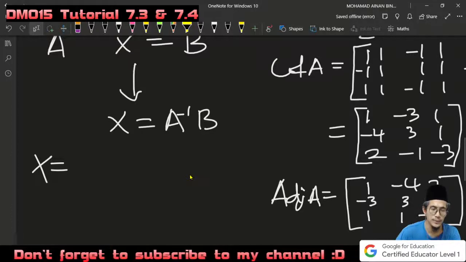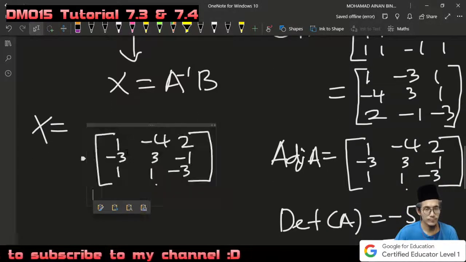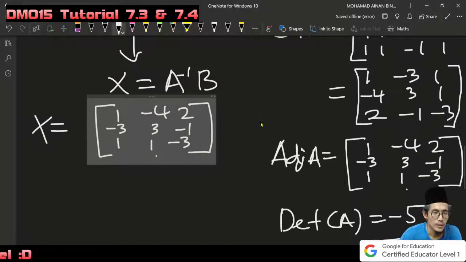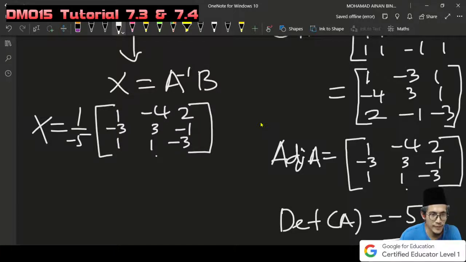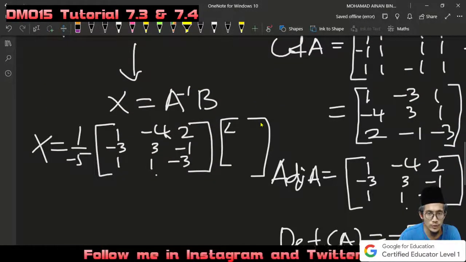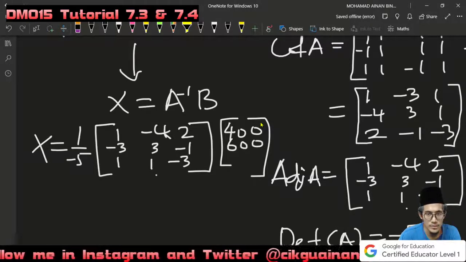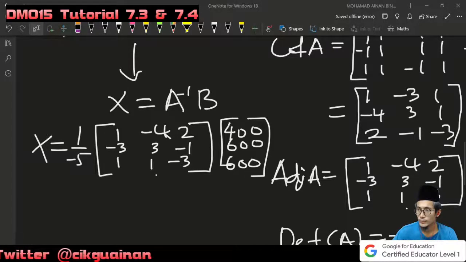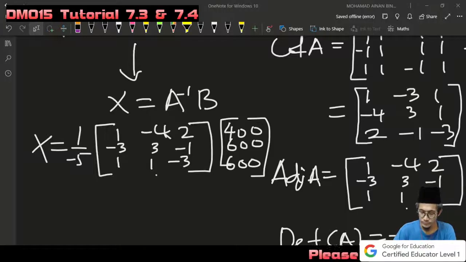Okay, so X equal 1 over minus 5 this one, this whole lot. Okay, and then multiply dengan B. Apa B kita tadi? 400, 600, 600. Okay.